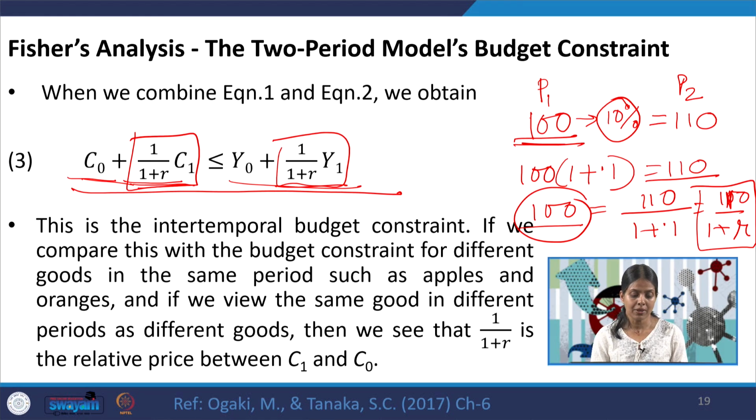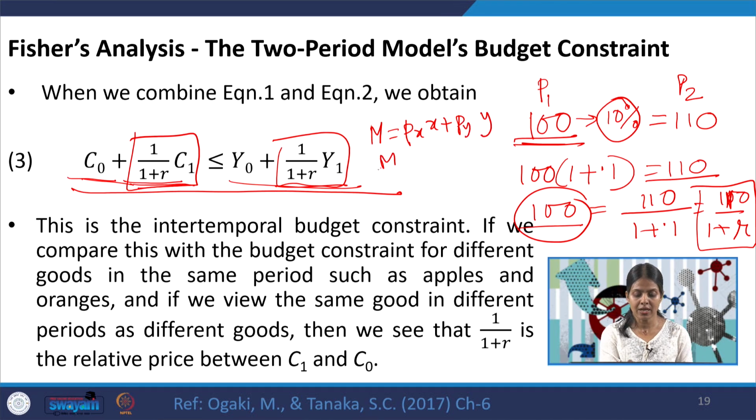If you remember, for those who are initiated, when we had a 2 commodity scenario, the total income M was equal to Px x plus Py y, which can also be written as M upon Py equals Px upon Py x plus y.